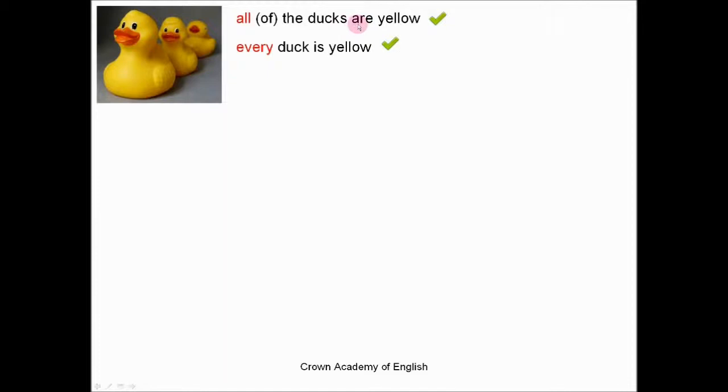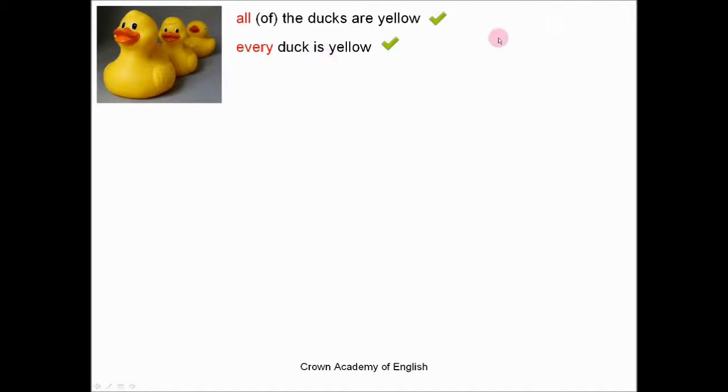So this is the verb to be in the third person plural, are. And when we use the word every, it uses the singular form of the noun. So every duck. And because duck is singular, the verb is singular as well. So this is the third person singular of the verb to be.